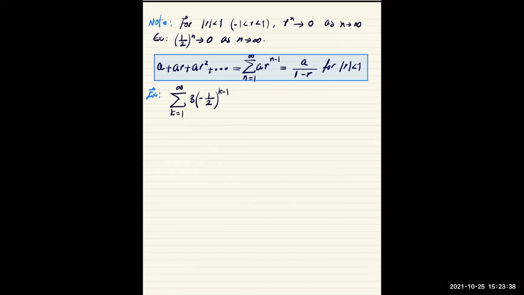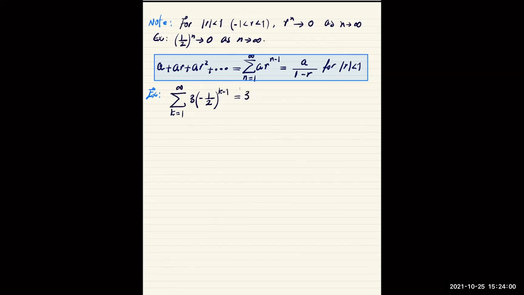If you want to expand some terms, if you want to expand the sum for a little bit, be my guest. So if I plug in k equal to 1, then this becomes negative 1/2 to the 0 power. That's equal to 1. 1 times 3 is 3. That would be the first term.